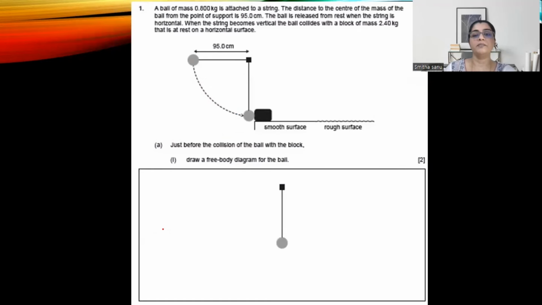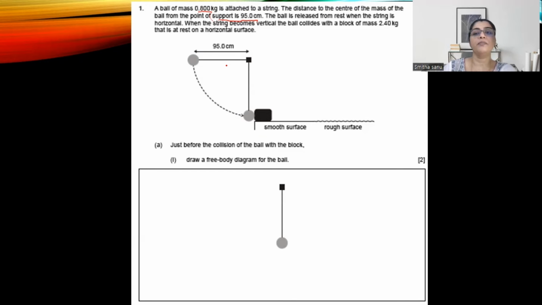Let's solve some exam style questions now. You can see this concept: a ball of mass 0.8 kg is attached to a string. The distance to the center of mass of the object till the support is 95 centimeter. So you can see 95 centimeter.